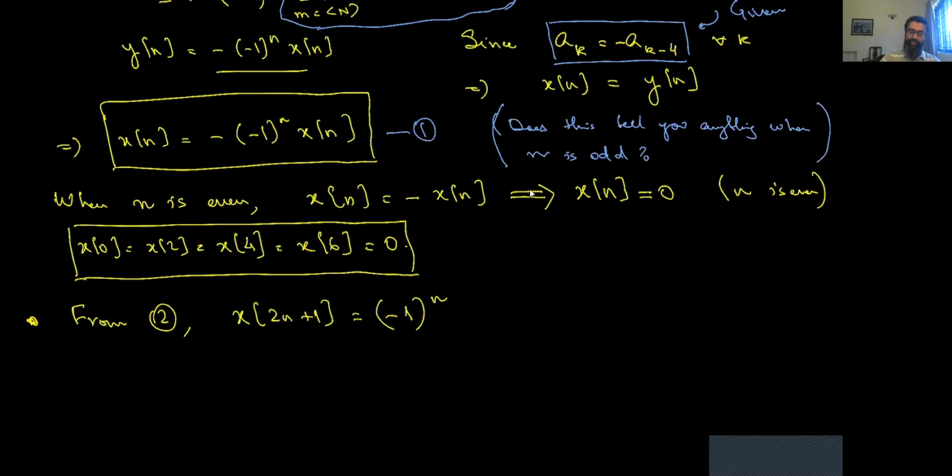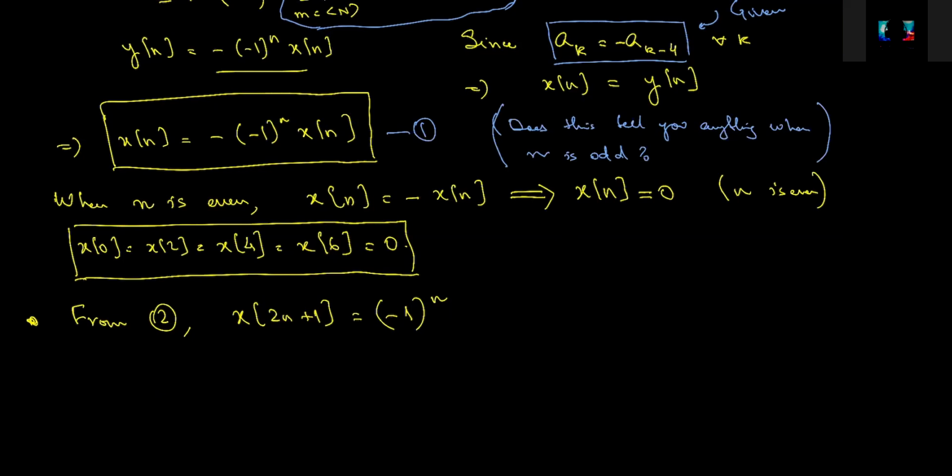How do I use equation number 2? So this is equation number 2, to determine what x is for odd values of n. तो n को अगर आप 0 पुट कर दें इस इक्वेशन में तो x of 1 आ जाएगा और इसी तरह x3 x5 आ जाएगा हमारे पास.